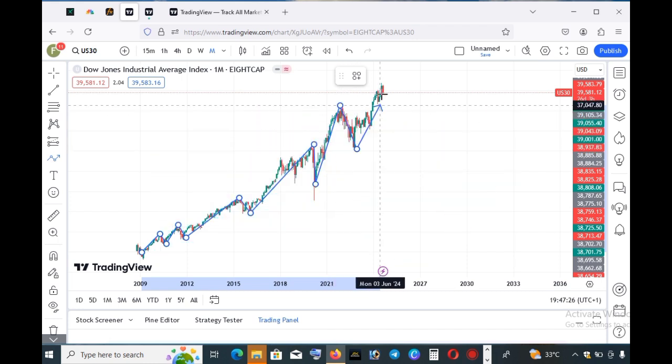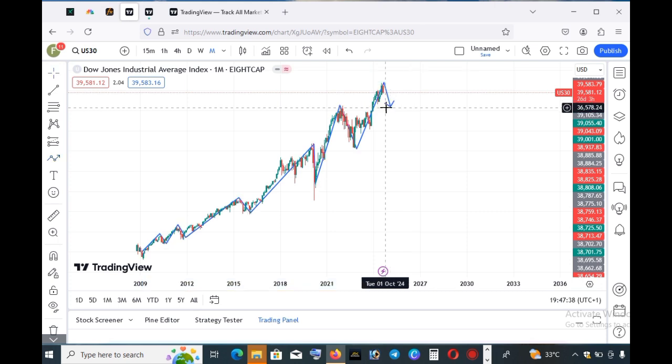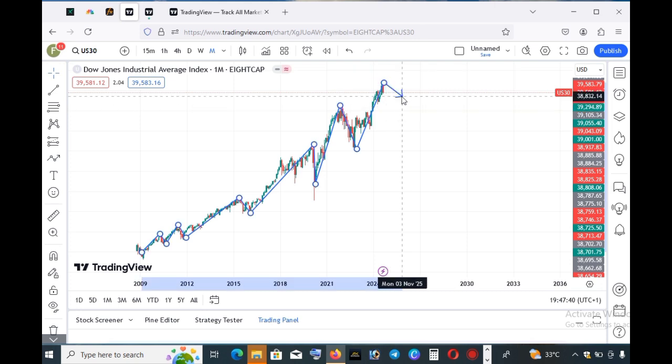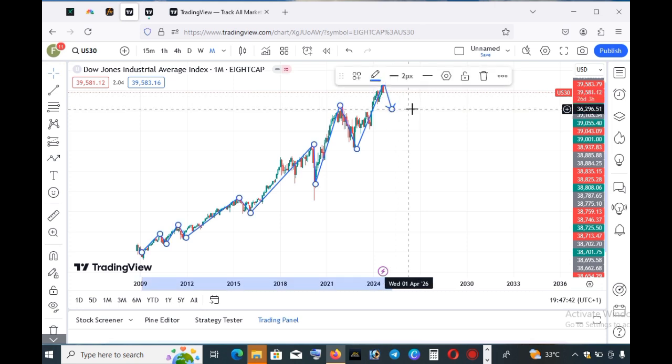So the highest thing that might happen is this price coming back, going up, then going up, then going up again. So that may be our expectation.